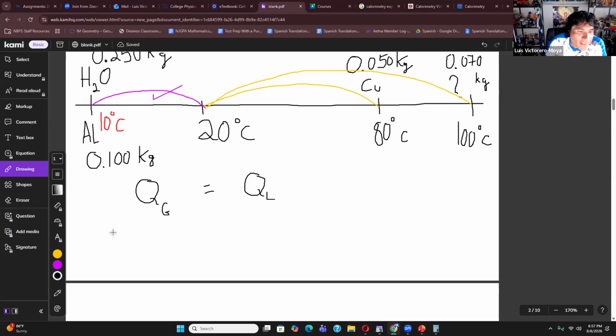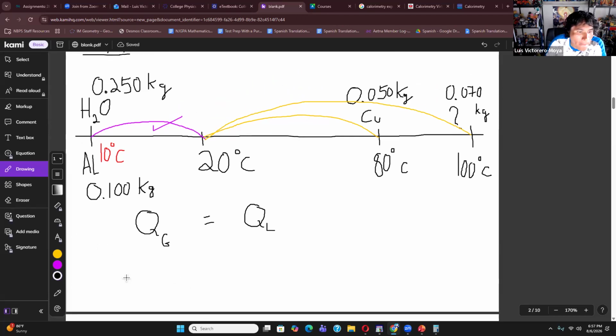All right. So for water, what is the change of temperature of water, guys? 10. So 0.250. If somebody can be helping with the math, please, thank you. All right, that's the mass of water times 4186 times 10. And what's the change of temperature for the calorimeter?